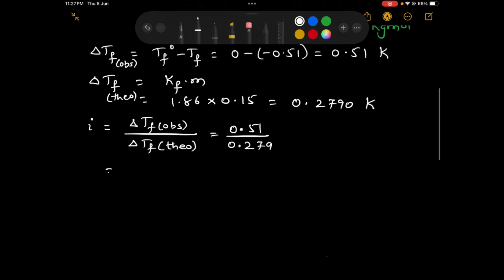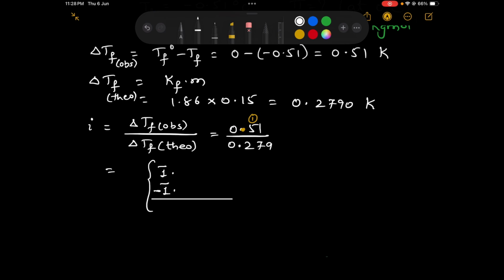Now let's take log for the numbers. First of all we'll take characteristic. Before decimal we have no number over here, but after the decimal very first position we are having a digit, so the characteristic is bar 1. For the second number also the characteristic is bar 1. Between these two we have division, so we have to subtract the log numbers.